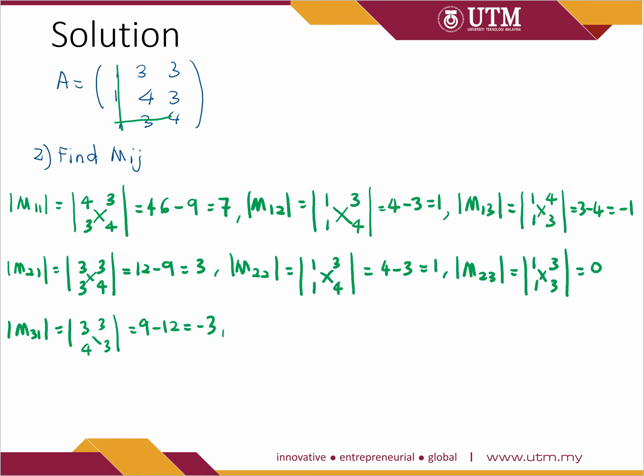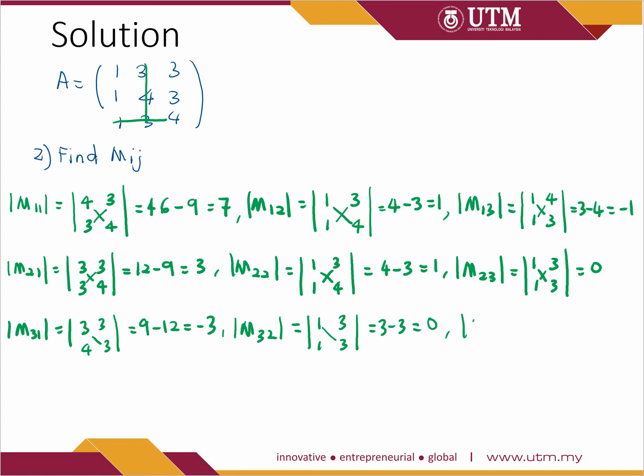And then find the minor matrix for M32. So for this case, we remove the third row and the second column. This will be 1, 3, 1, 3. And finding the determinant will be 3 minus 3, which is equal to 0.